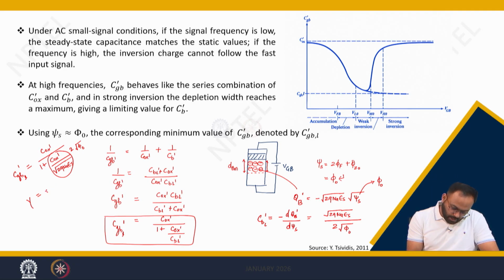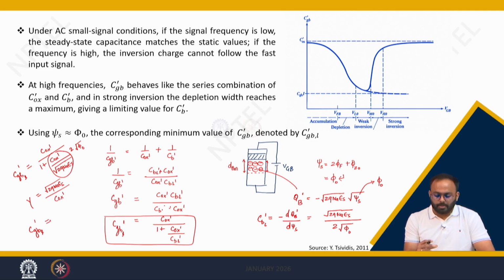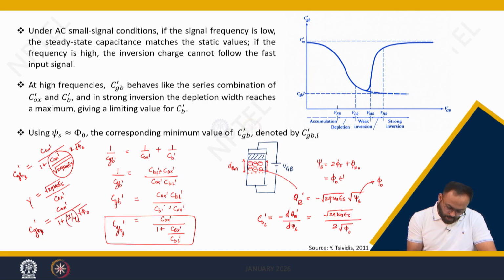So, gamma is nothing but square root of 2 into Q into Na into epsilon s divided by COX dash. So, I can get a complete equation for CGB dash, which is lowest possible capacitance in the 2 terminal MOS cap, is COX dash divided by 1 plus 2 by gamma into phi naught.